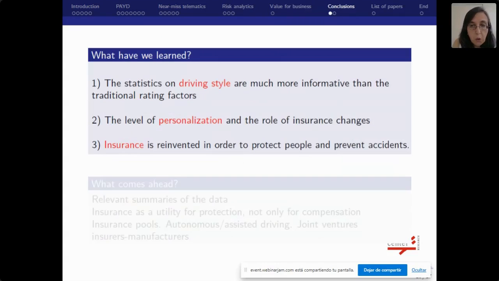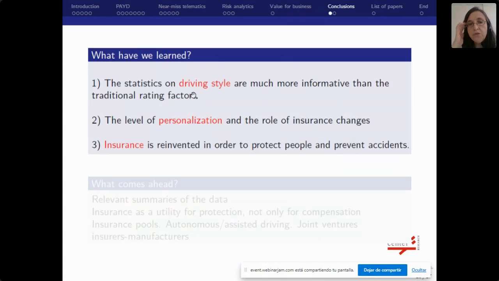So the conclusions for what I wanted to tell you today is, what have we learned? Three things I wanted to communicate today. The first one is that the statistics on the driving style are much more informative than the traditional factors. And many of us do have a traditional insurance.